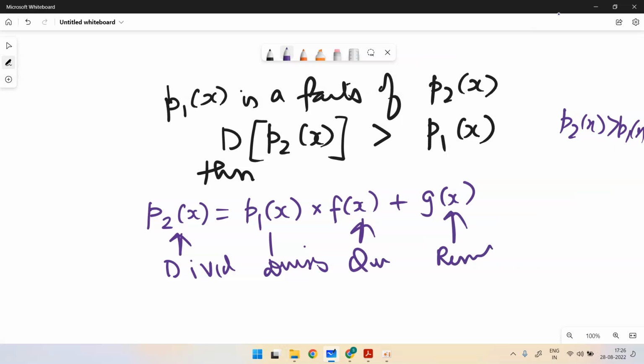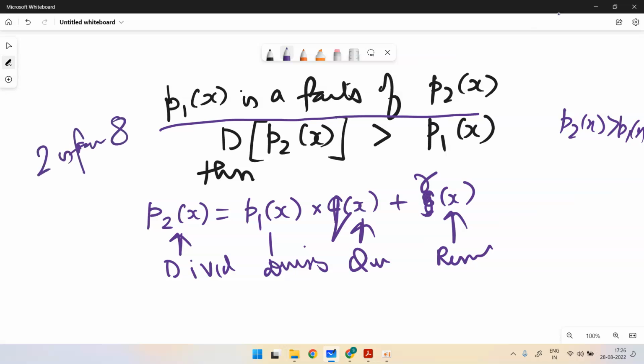Ideally I should write this not as f of x, but as r of x. If p1 is a factor of this, see, if 2 is a factor of 8, then you can write 8 equals 2 into 4 plus 0.